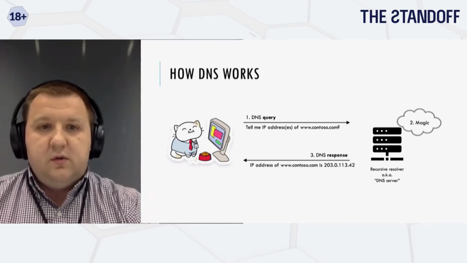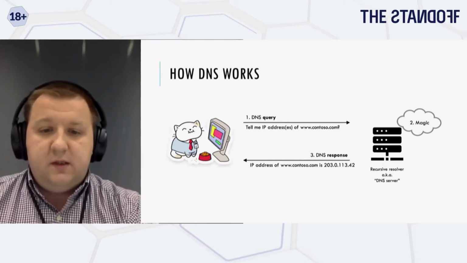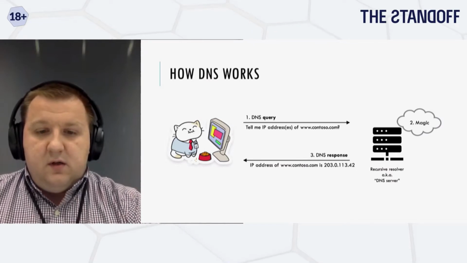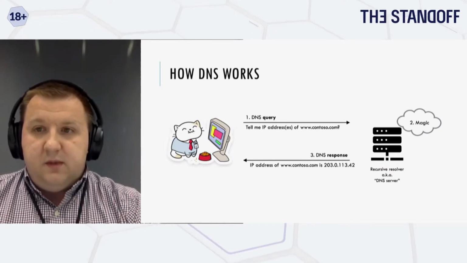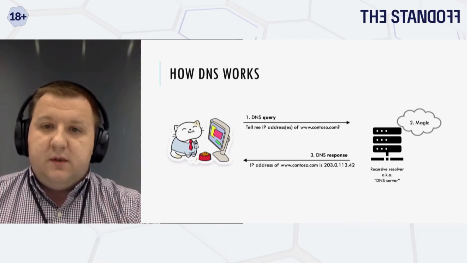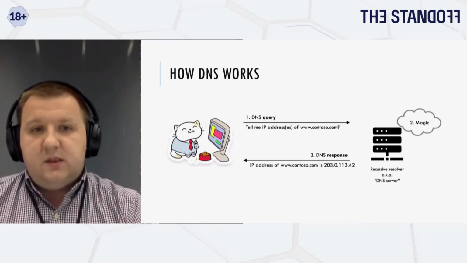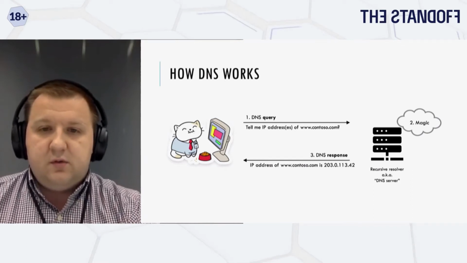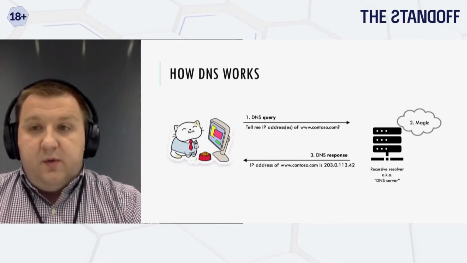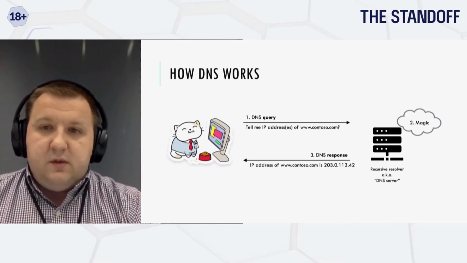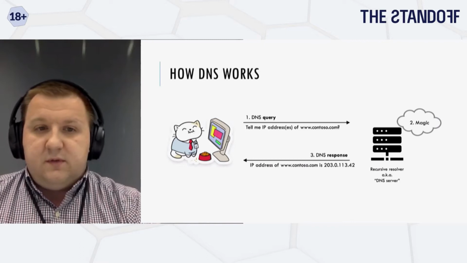Please allow me to start by reminding you how DNS works and what it does. DNS is effectively a system that matches human readable and rememberable server names to IP addresses that are actually used by computers.